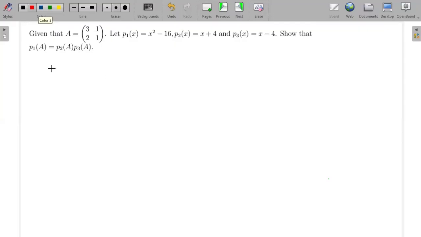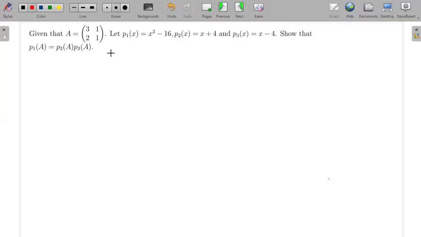All right, so the question says, given matrix A is equal to [3, 1; 2, 1], and let P1 be equal to x squared minus 16, P2 is equal to x plus 4, P3 is equal to x minus 4. Show that P1 of A is equal to P2 of A multiplied by P3 of A. So this is where we are converting a polynomial into a matrix polynomial.